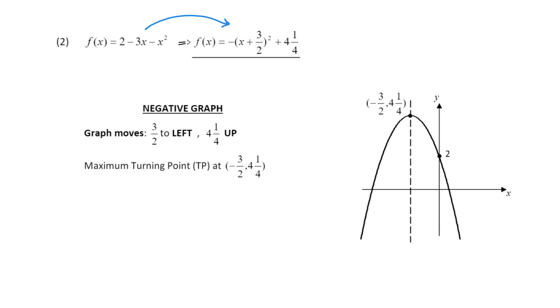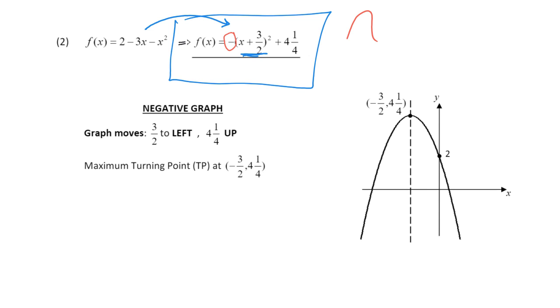And I don't want to labour over that just now in case it causes some confusion. What I do want to focus on are the key elements of this graph, this function. And they are, of course, the negative value at the front here, which tells us it's a sad parabola, a sad face, or a maximum turning point.